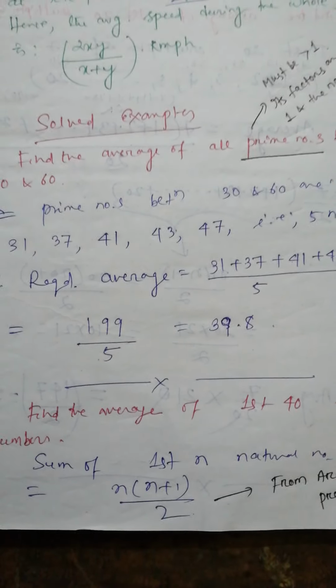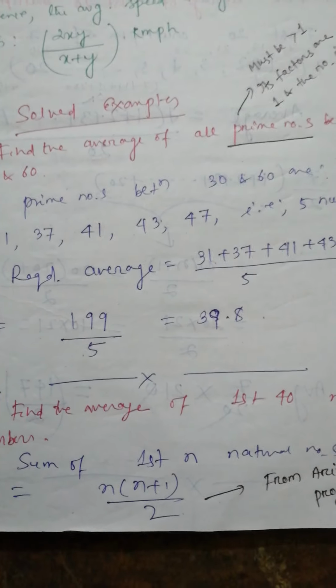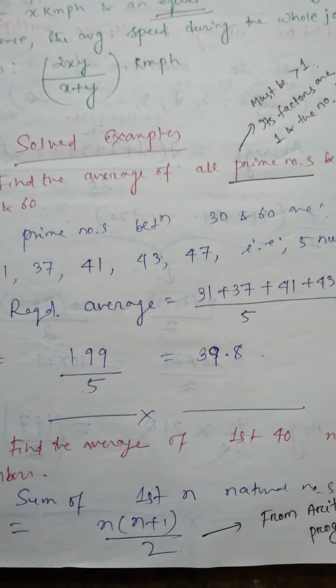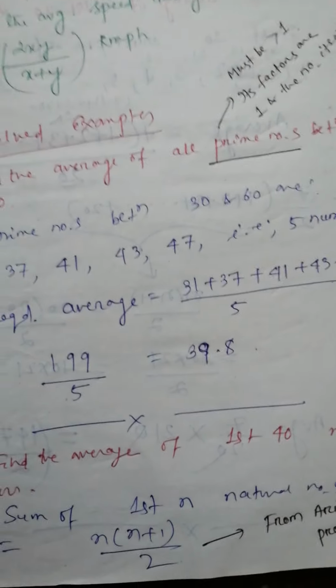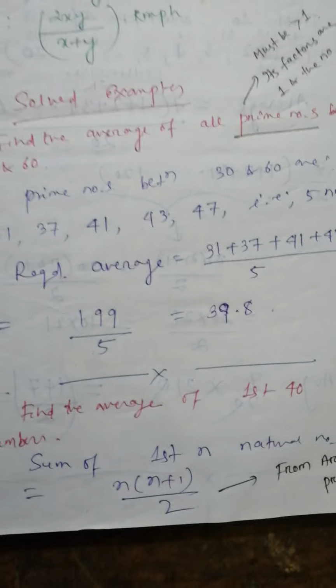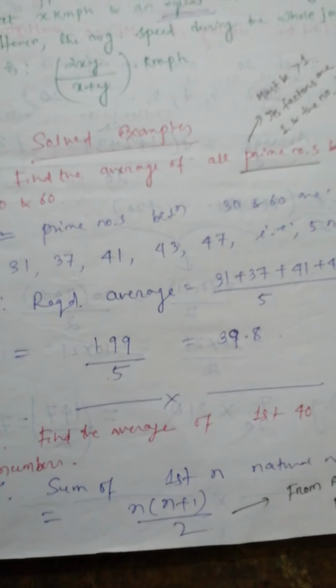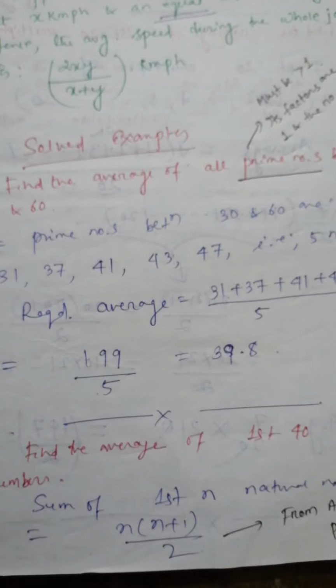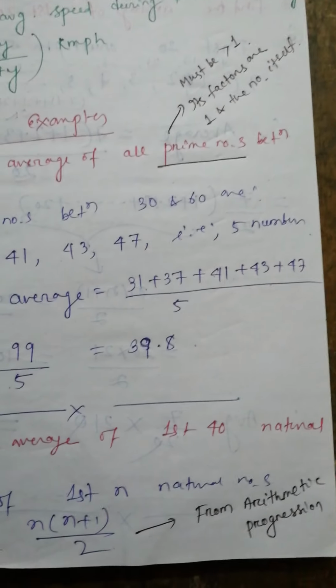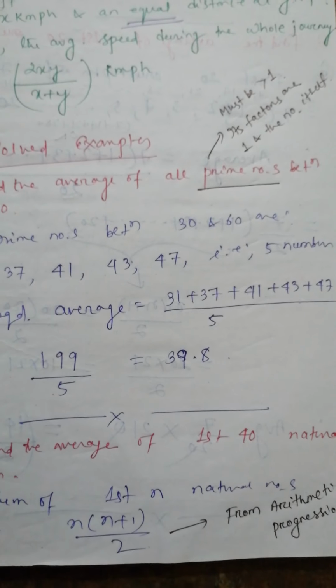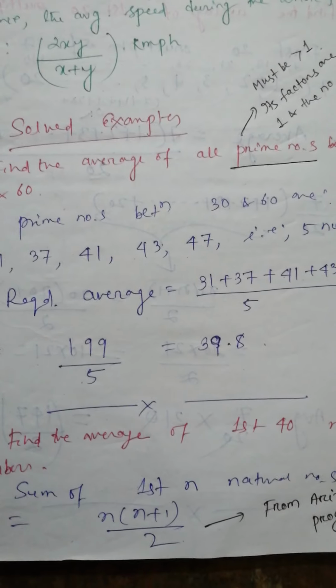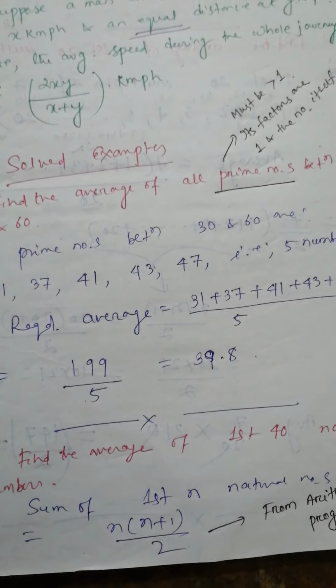But in case of first 40 numbers, it becomes difficult to find the average in a manual way, that means in a general way, right? So what I have done here, I have adopted the formula from the arithmetic progression. The formula is sum of first n natural numbers equal to n into n plus 1 divided by 2.